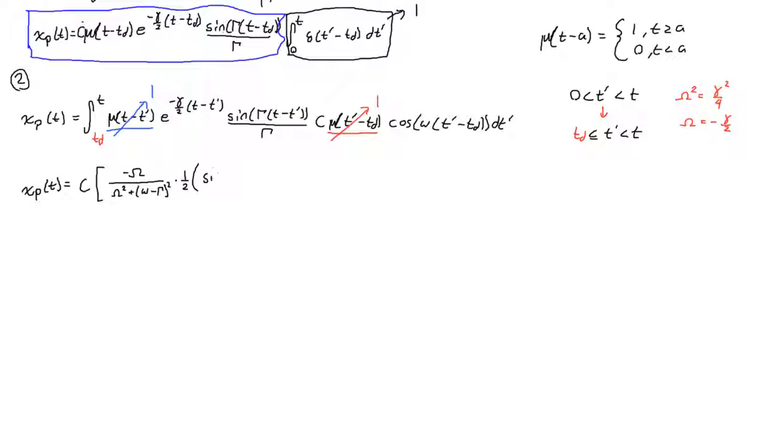Then we're going to have sine omega times t minus t sub d.